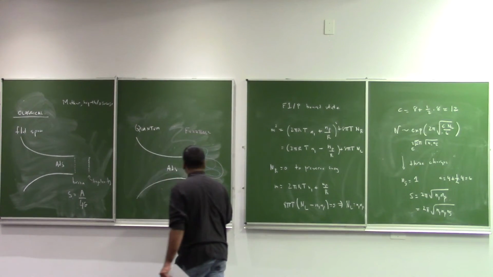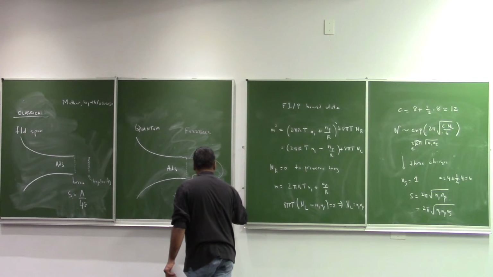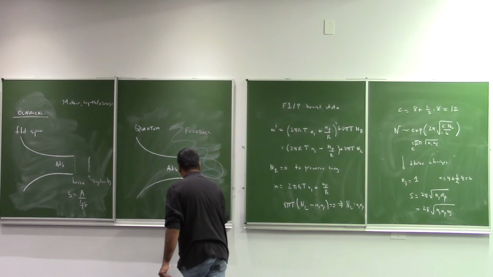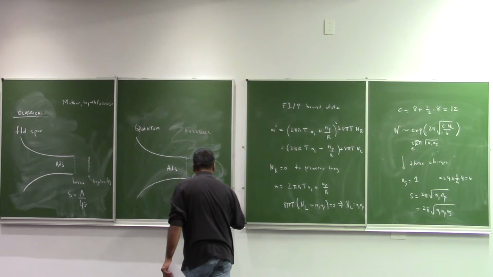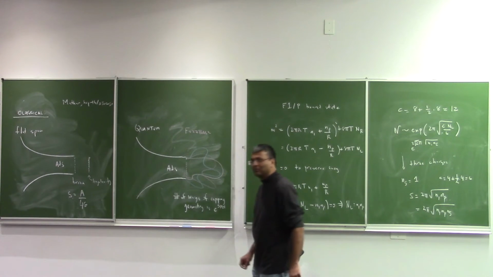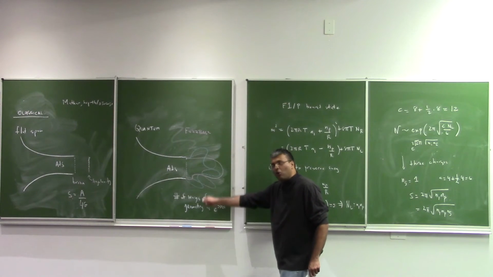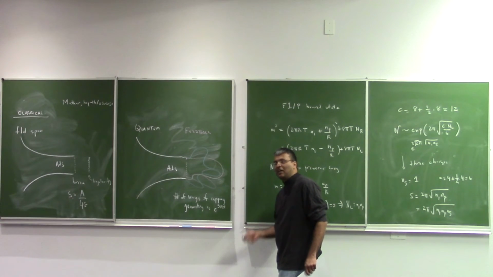So, the number of ways of capping the geometry is e to the S Bekenstein-Hawking. That's the microscopic origin of the black hole entropy in this story.